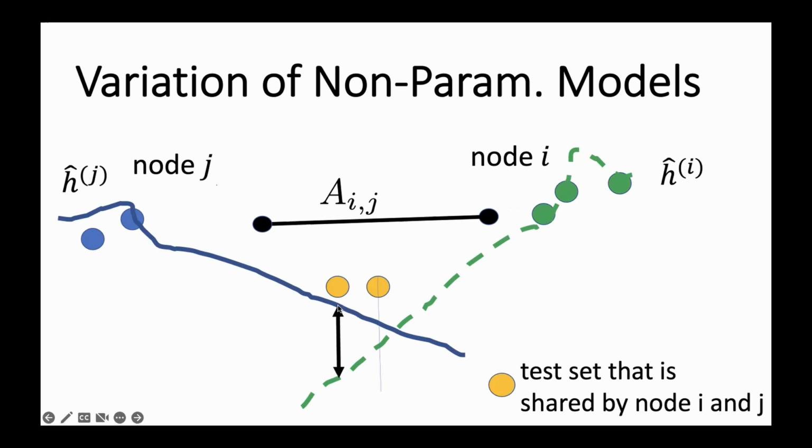If these predictions are real numbers, we can compute the squared error between them, and we have a measure for the variation of non-parametric models. This is just a brief glimpse of how to extend total variation minimization to non-parametric models, and you can read much more detail in the lecture notes in section 7, I think.